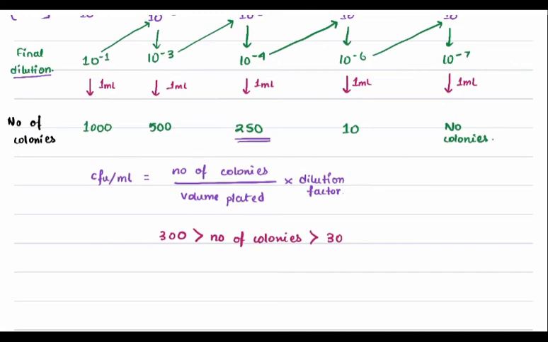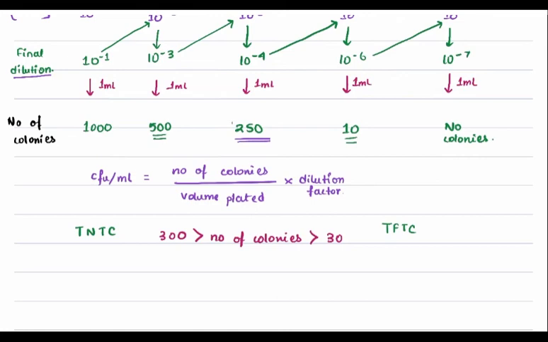Because if it is greater than 300, we consider that too numerous to count, or TNTC. And if it is below 30, we call it too few to count. So 500 over here is TNTC because it is greater than 300, and 10 over here is TFTC because it is less than 30.